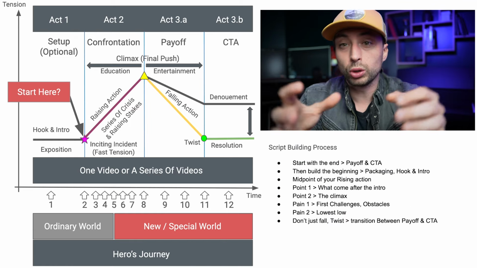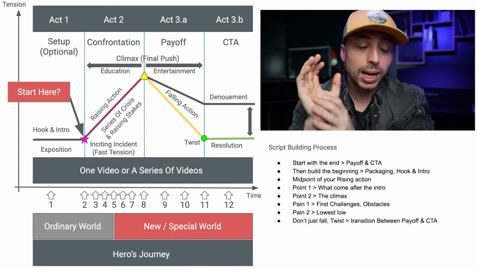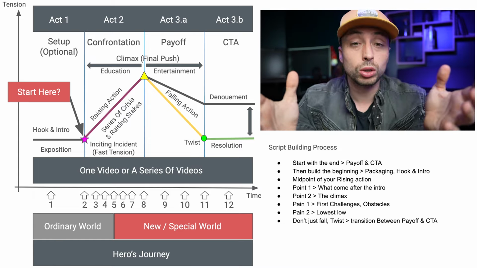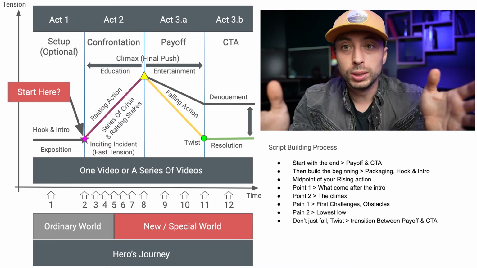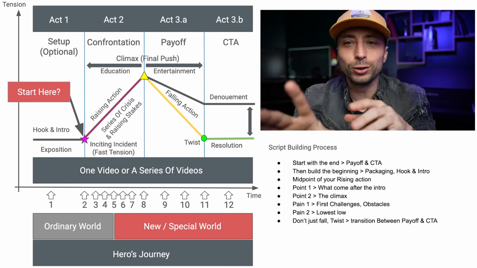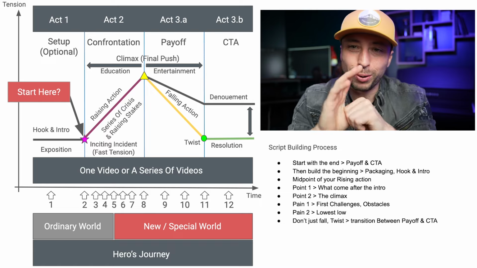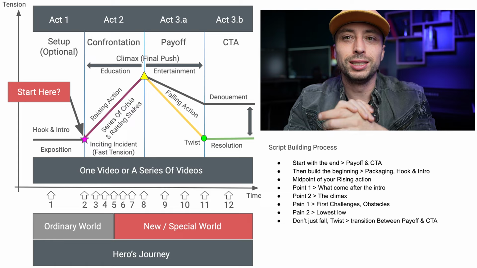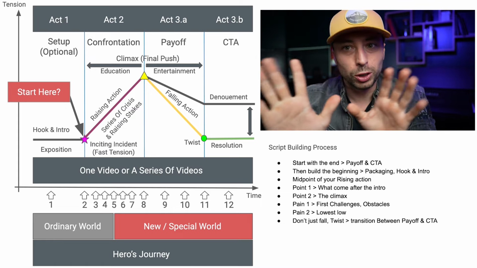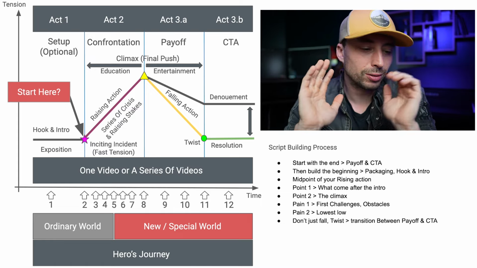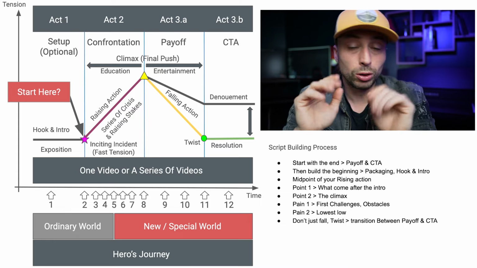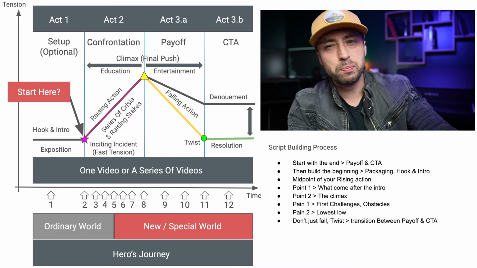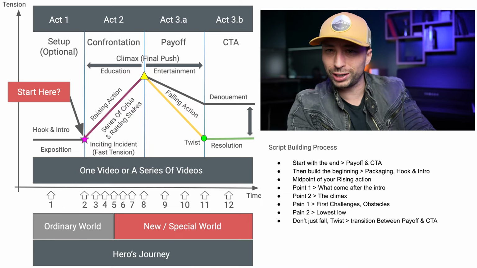So the script building process is now this. You start by the end, the payoff and call to action, mainly what you want to talk about and what is going to be your call to action. I don't want to spoil what is going to be in my next video because we are going to really nail this down. So just keep that in mind, the call to action and the payoff. And I have an insane framework about idea generation that absolutely perfectly fits that.